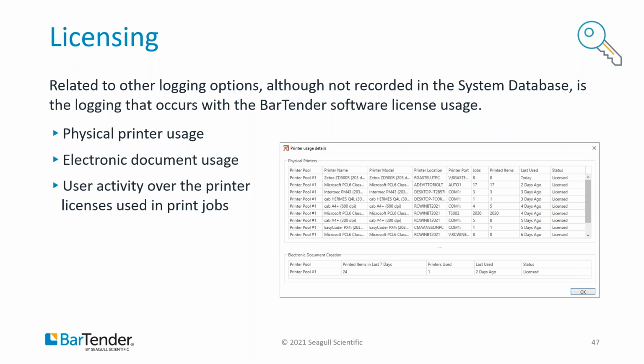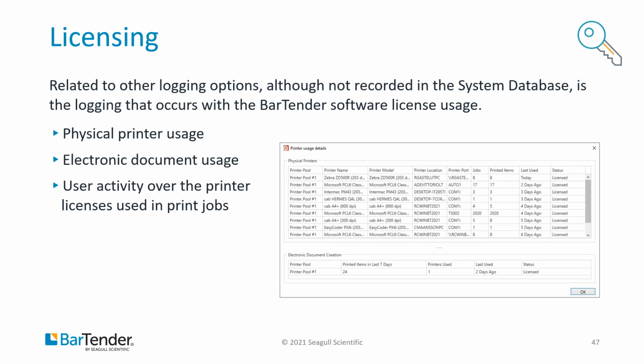Licensing. As mentioned previously, this is somewhat different, because with licensing, we are able to record for tracking purposes information about the printers that have been used, electronic documents that have been used in terms of licensing of electronic documents, and also activity of individual users over a period of time.